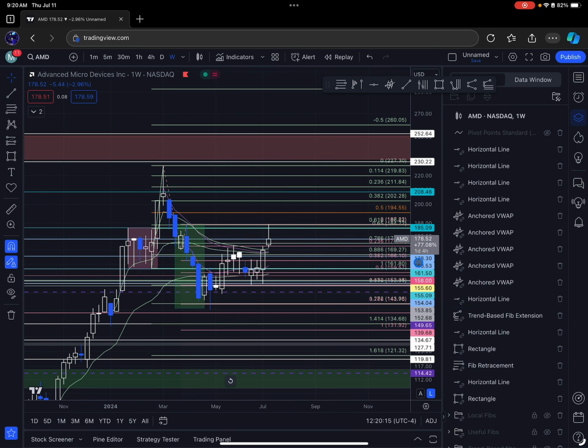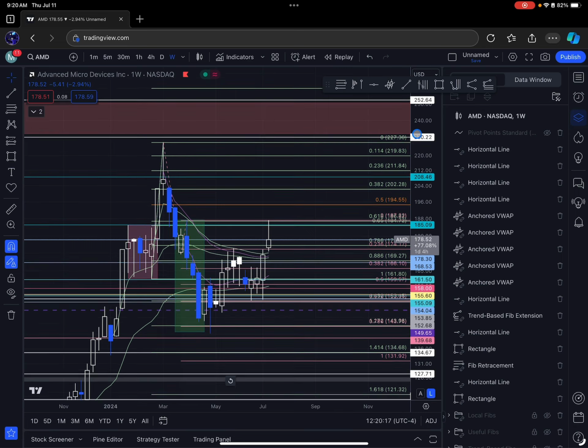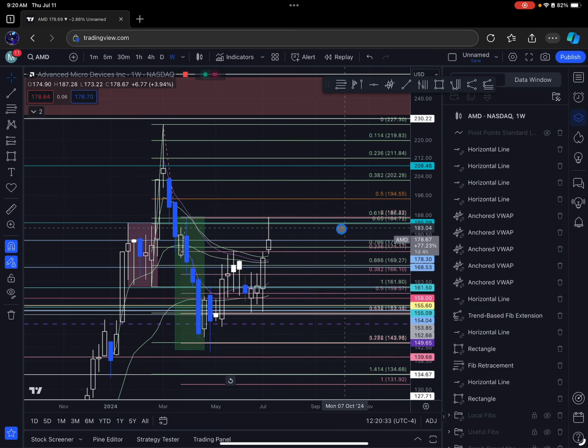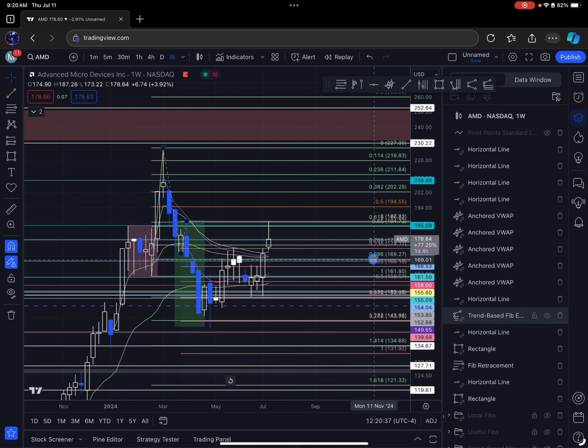But right now there are no signs of that, especially since we couldn't get through that 185 key area and we're wicking here. So if it's more consolidation, dip buy, whatever, those of you who have been listening to me already know where I'm buying AMD. It's not up here, but the key level that I'm at, if we do end up trading there, that's where I'll add.